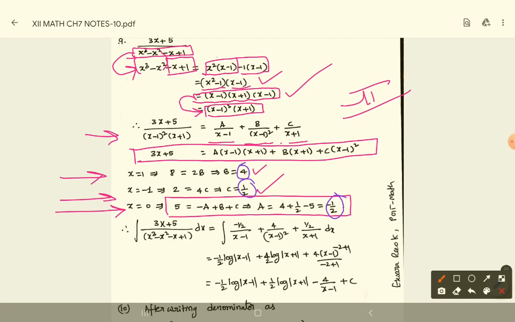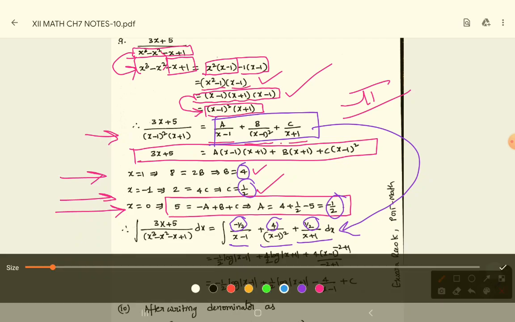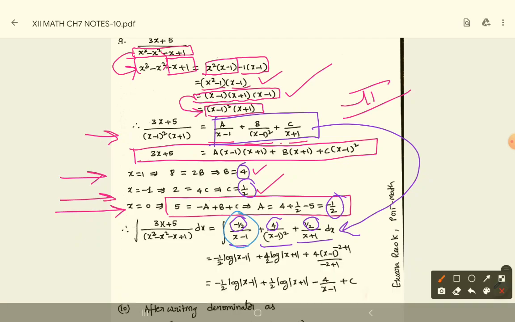Substitute those in this and integrate. So minus 1 by 2 by x minus 1, 4 by x minus 1 whole square, 1 by 2 by x plus 1. If you see this one, look here, minus 1 by 2 integration is minus 1 by 2 log mod x minus 1, 1 by 2 by x plus 1 is 1 by 2 log mod x plus 1.